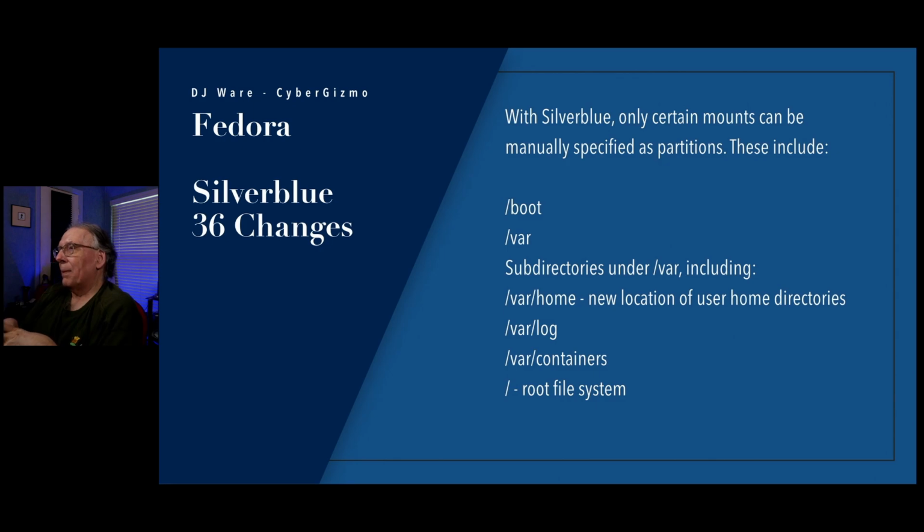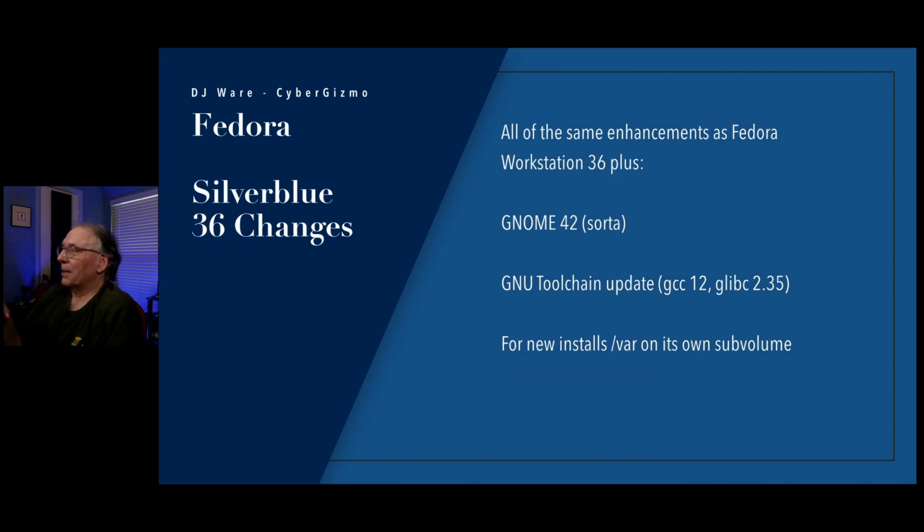If you remap anything else during the install process, it'll let you, but it won't work. They don't do error checking on it. I assume they're probably just getting the same code from the Workstation team, and they haven't put anything in it to make it unique to SilverBlue. So now you've been warned.